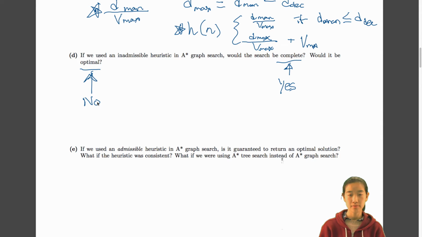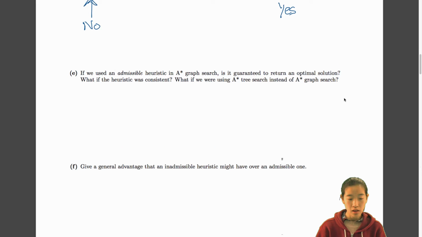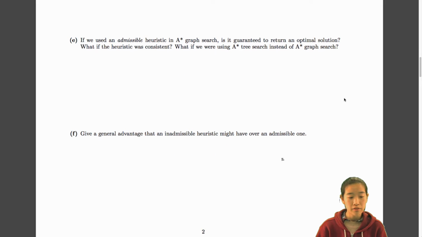Okay, so now that we have explored an inadmissible heuristic, let's take a look at admissible heuristics. So now we're going to have the same question. If we have an admissible heuristic in A-star graph search, is it guaranteed to return an optimal solution? Let's think about that. For admissible heuristics, all it guarantees is optimality on tree search.